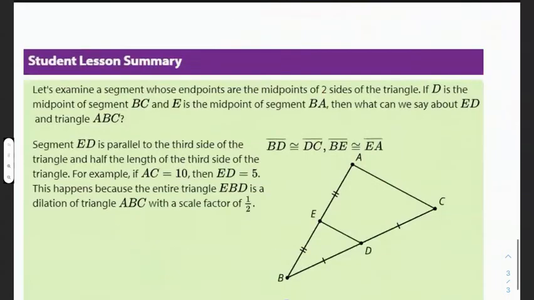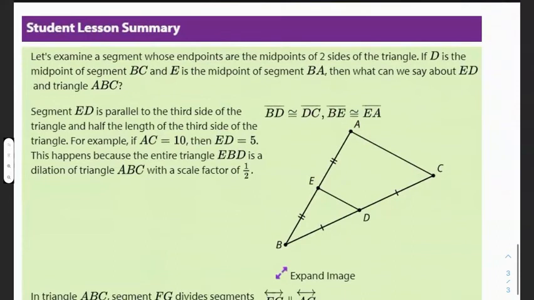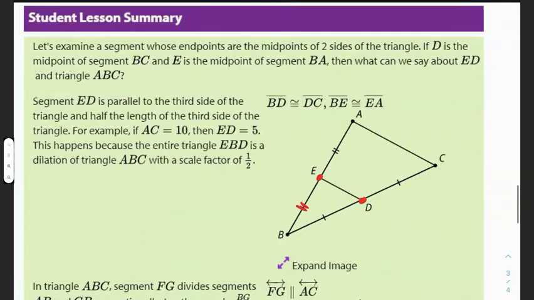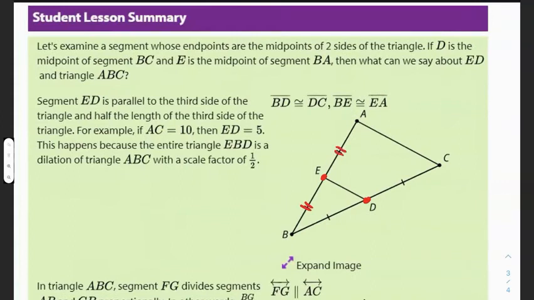All right, so in summary, if we look at this example, we have triangle ABC. There are some midpoints, right? So you have E being a midpoint of AB, D is a midpoint of BC, and we know because they're midpoints that BE has to be congruent to EA, which they already have marked here, and they also mark that BD is congruent to CD or DC.